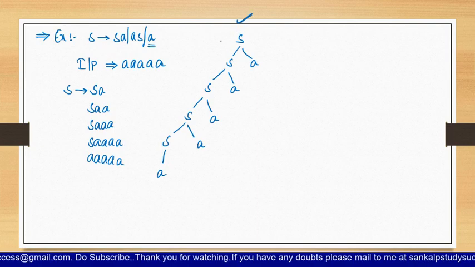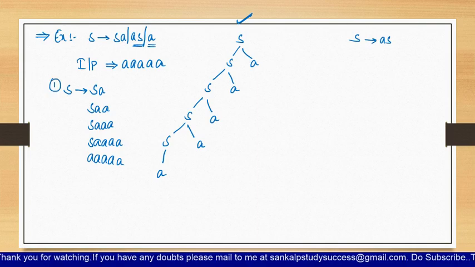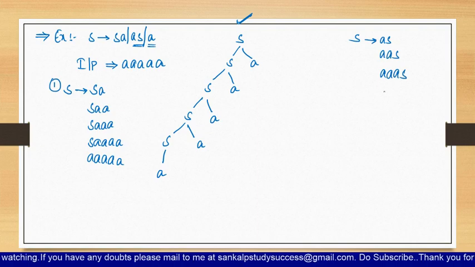Then S is the start symbol anyhow. In the place of S, if you substitute AS, that means S tends to AS. For the first time we substituted with SA; now I am going to substitute with AS. Then again I am going to substitute with AS, and again AS, till I get 5 A's.